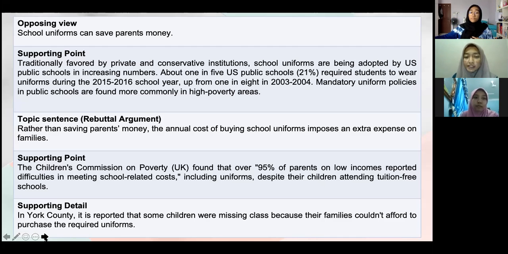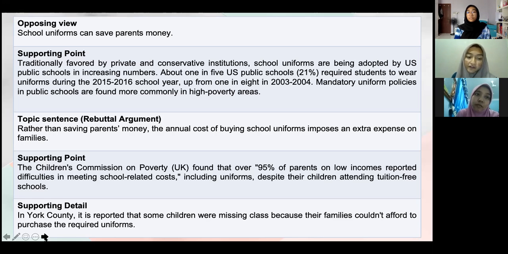Okay, for the opposing view, school uniforms can save parents money. So the supporting point in excerpt 2 is, traditionally favored by private and conservative institutions, school uniforms are being adopted by U.S. public schools in increasing numbers.